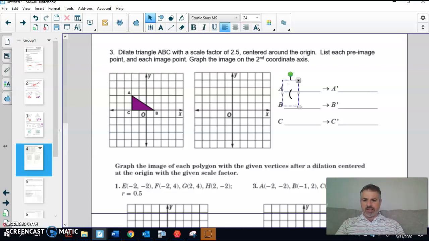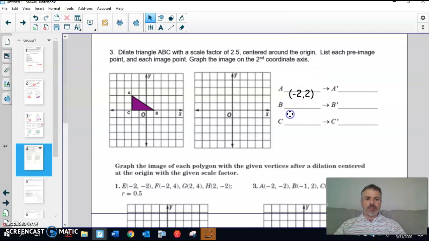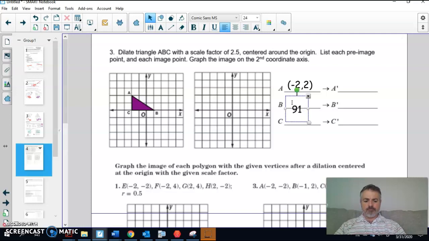It looks like A is happening at what? Negative 2, 2. So that's where A is sitting. B looks like it's at 1, 0.